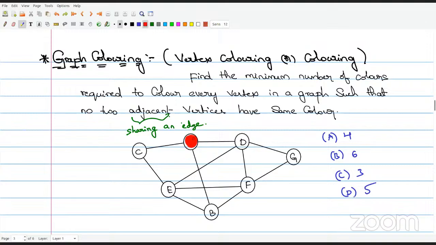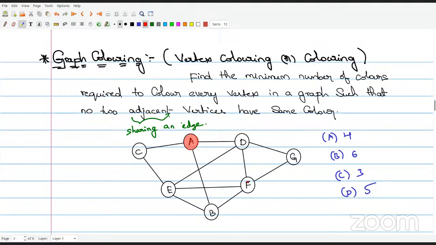So vertex A, I have given red color. Once I have given vertex A red color, I cannot give that red color to vertex C, or to vertex D as well as vertex B, because they are adjacent to it. So the remaining vertices are E, F and G.